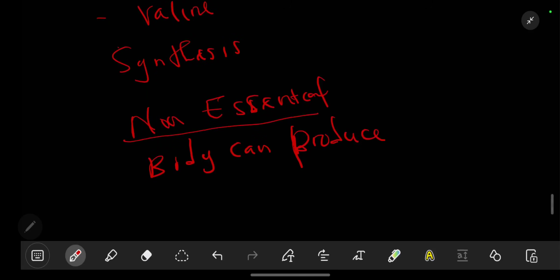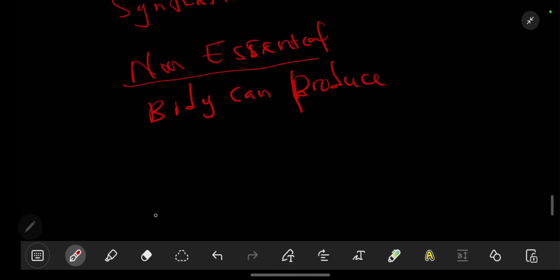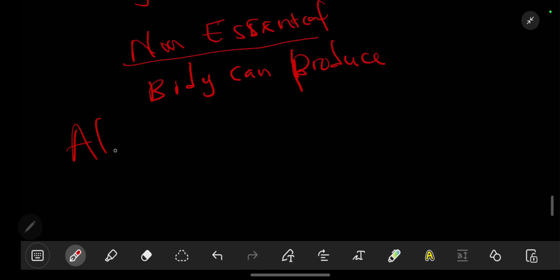We can have examples such as alanine, asparagine, glutamic acid, aspartic acid, serine. So you can even just remember the acids and all that. These are the non-essential amino acids.